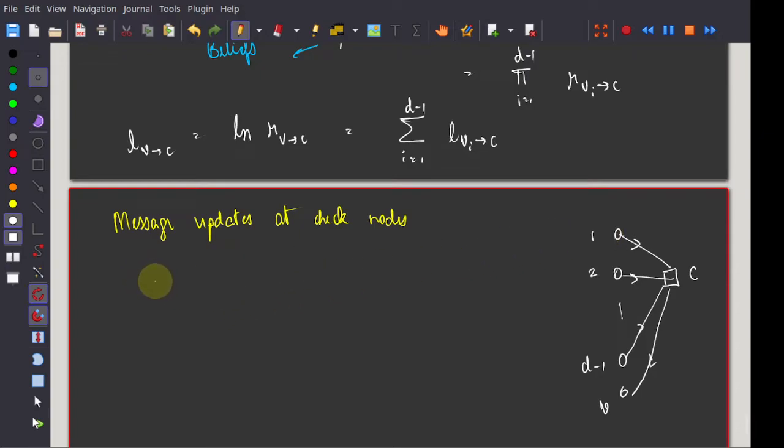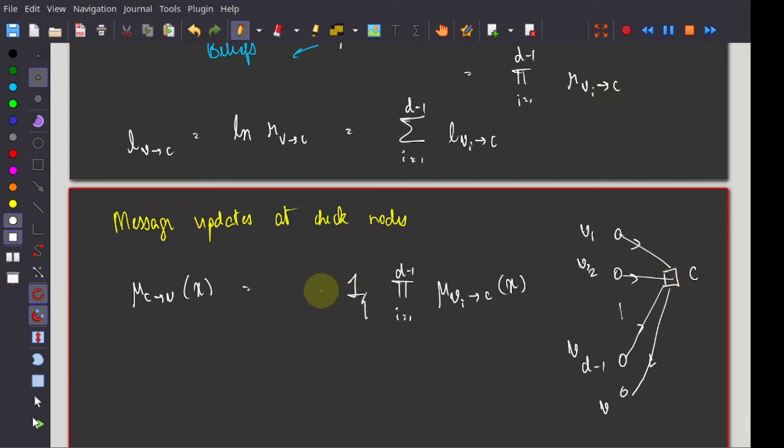So what is the message update at the check node? At the check node, we had the following update rule. The message from C to V, at x: you basically take the product of all incoming messages, i equal to 1 to d minus 1, mu of x_i, times the indicator.